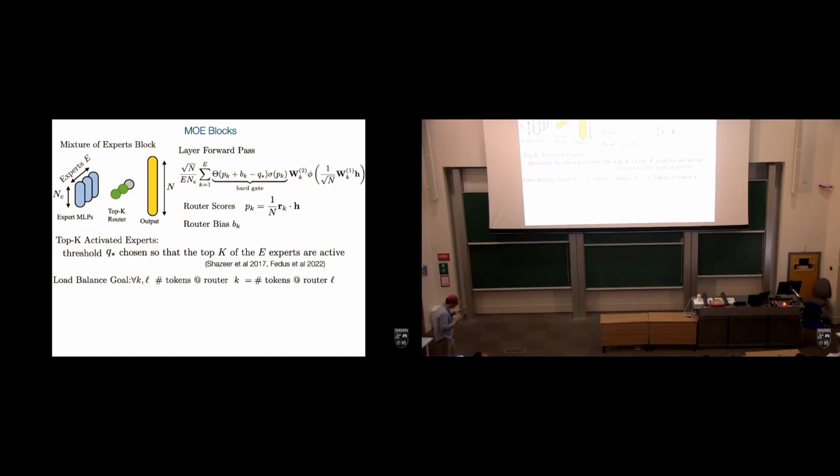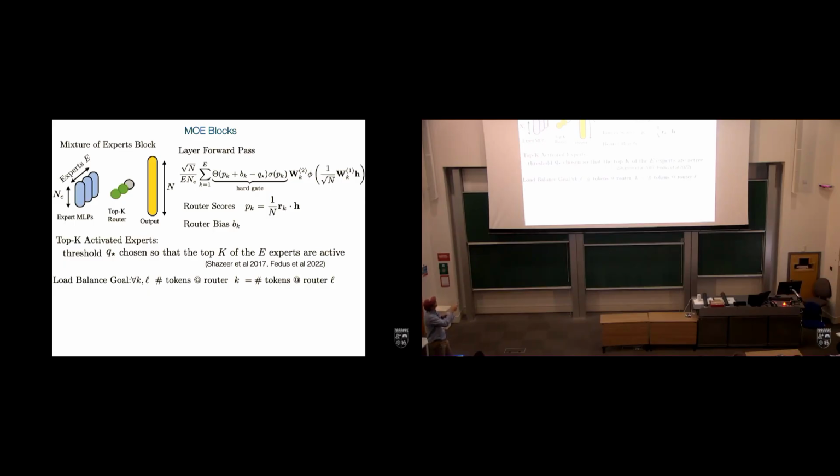There's a problem with these models: if you do this naively, there's a load balancing issue. The number of tokens routed to each expert can collapse. Maybe one expert is getting 80% of the tokens, another 10%, and another only 10%. That imbalance is bad because I'm losing capacity. In the limit of 100% of the data going to one expert, I just have a smaller model.